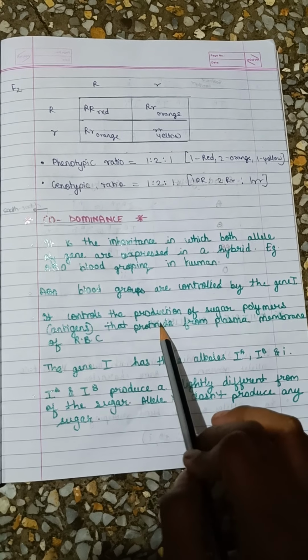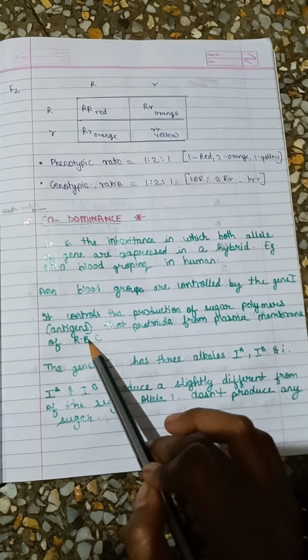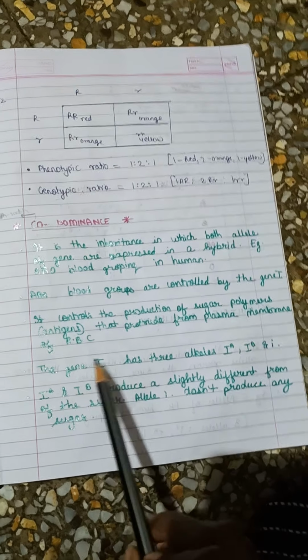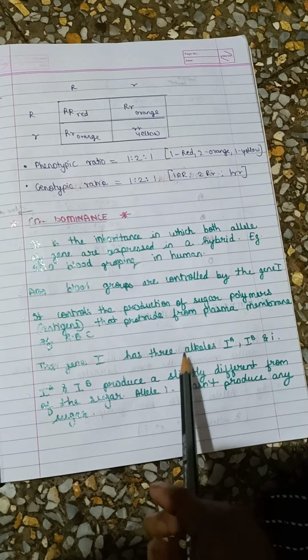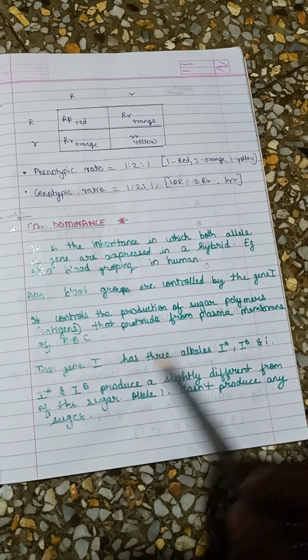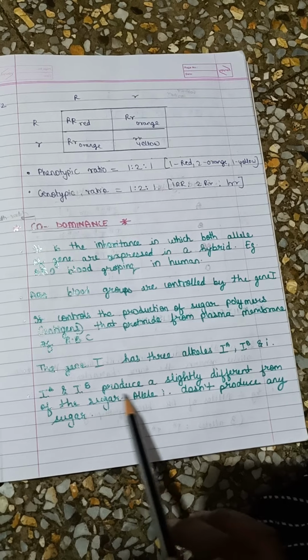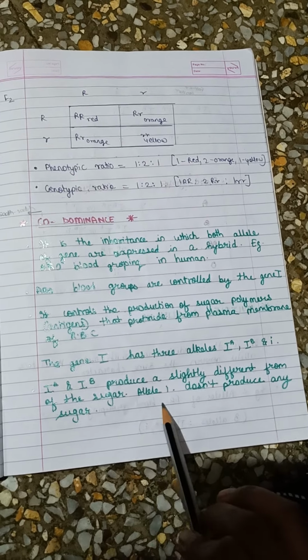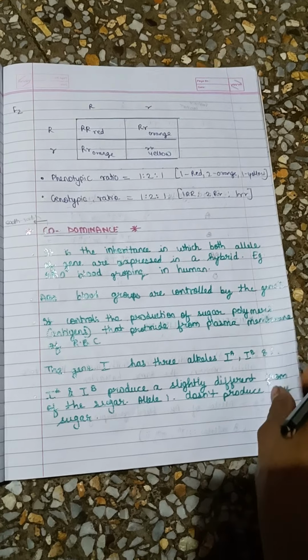It controls the production of sugar polymers, antigens that protrude from the plasma membrane of RBC. The gene I has 3 alleles, I A, I B, and small i. Capital I A and capital I B produce a slightly different form of the sugar. Allele i doesn't produce any sugar.